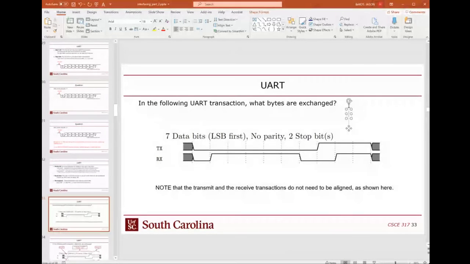If you read from left to right, you're going to have 0, 0, 0, 0, 0, 0, 1, right? And then if we reverse that, it's going to be 1, 0, 0, 0, 0, 0, 0, right? And so in hex, we'd have to separate this, so this would be 4, 0 in hex.